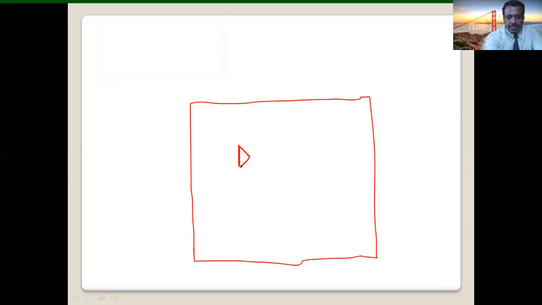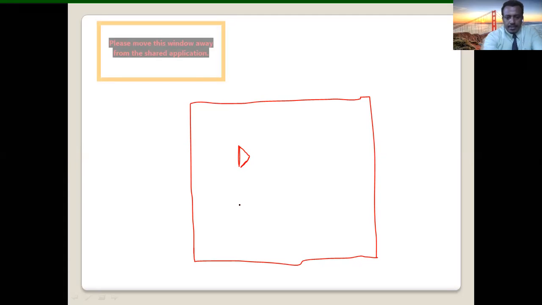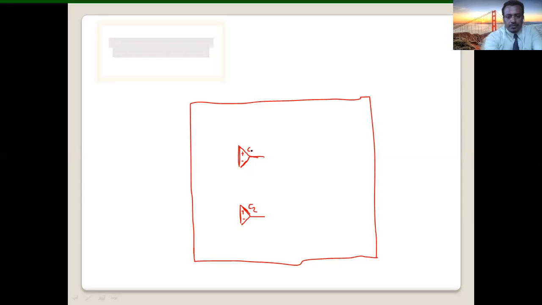We have discussed this last time. Comparator C1 and comparator C2. This is internally. Okay. So this is comparator C1. The non-inverting terminal, inverting. This is non-inverting. This is inverting. So this comparator C2, comparator C1.